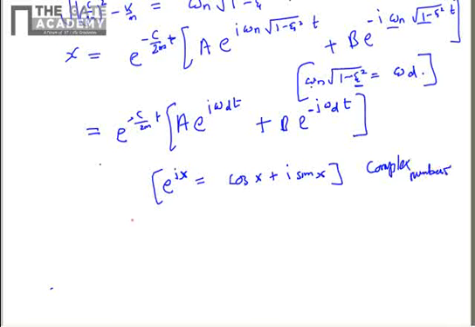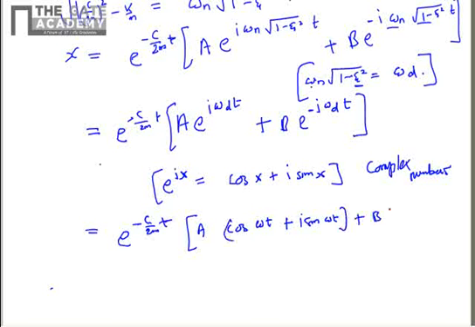So if we substitute this value here, what we will get? e to the power minus c by 2m t multiplied by (A (cos omega d t plus i sin omega d t) plus B (cos omega d t minus i sin omega d t)), that is, (A plus B) cos omega d t plus i (A minus B) sin omega d t.